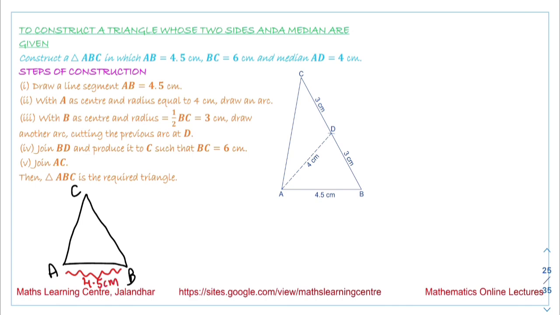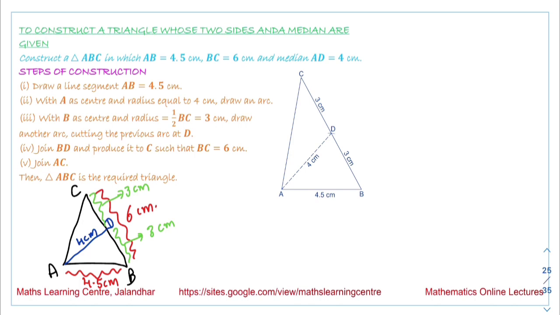Then side BC is 6 centimeter, and the median AD is of length 4 centimeters. Median AD means BD is 3 centimeter, and this CD is 3 centimeter.